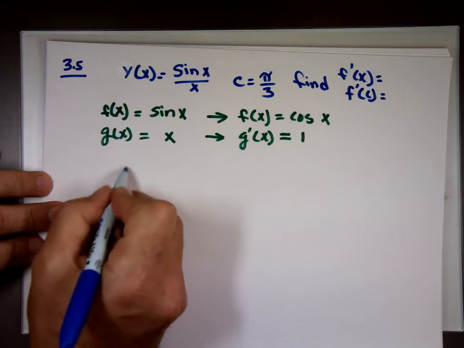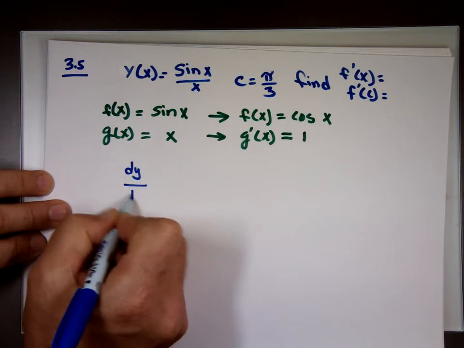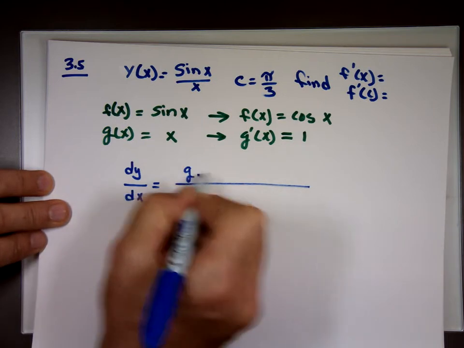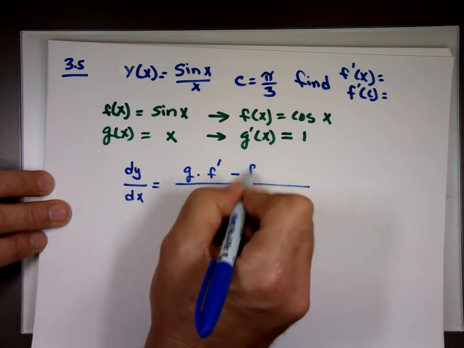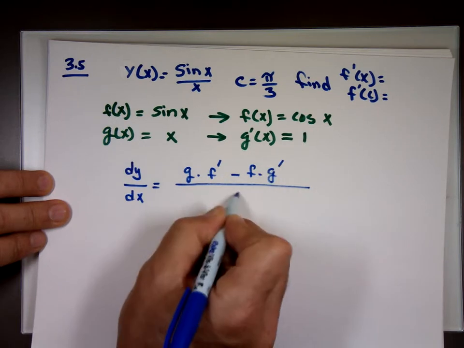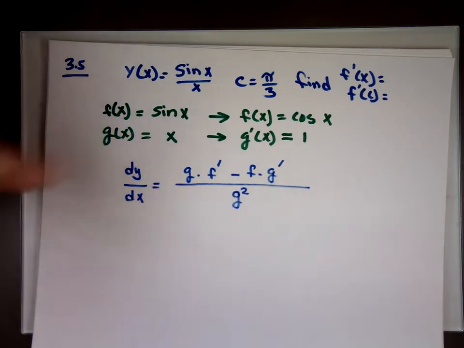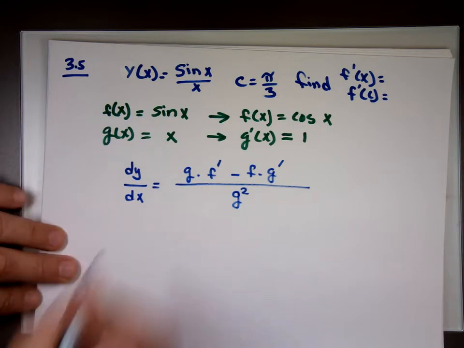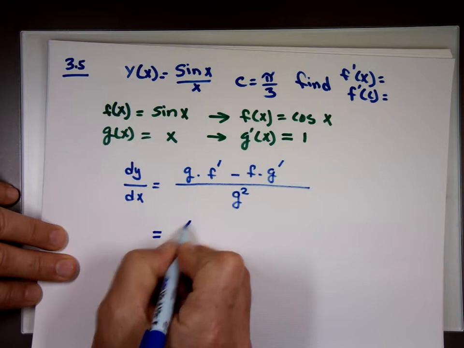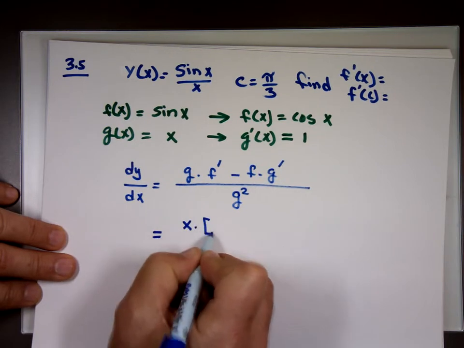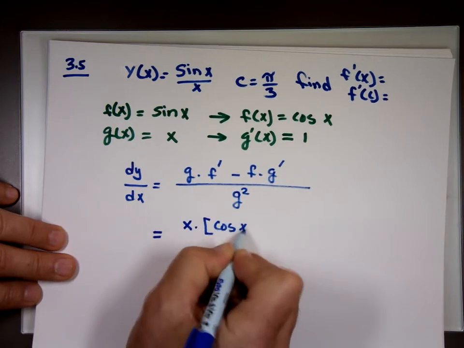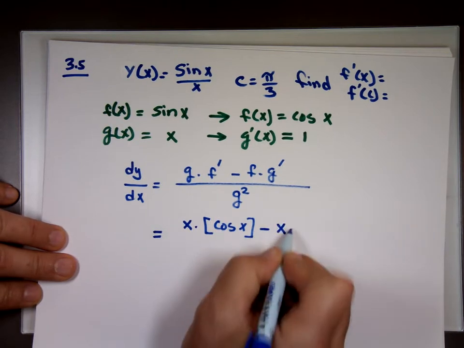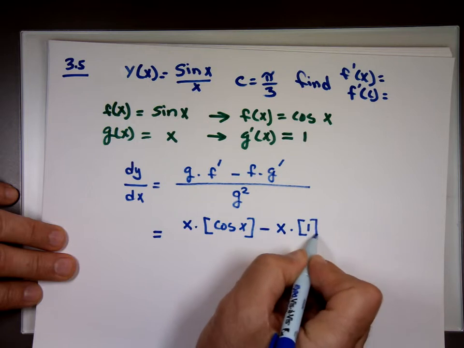Again, the quotient rule, dy dx, the derivative, is going to be g times f prime minus f times g prime over g squared. I'm getting lazy. I'm not putting the x's there. I think you get the idea. g, which is x, times f prime, cosine of x, minus f of x, which is x, times the derivative of g, which is 1.